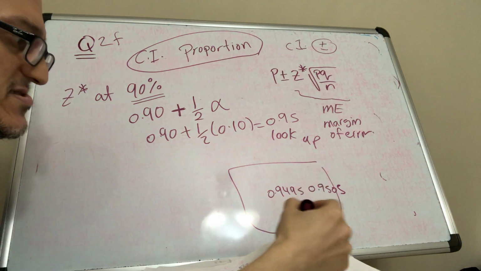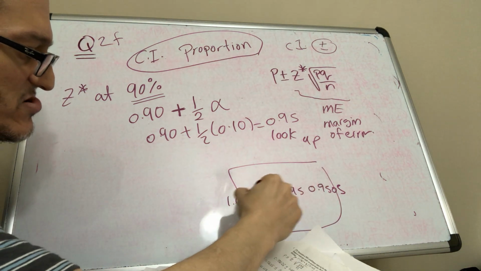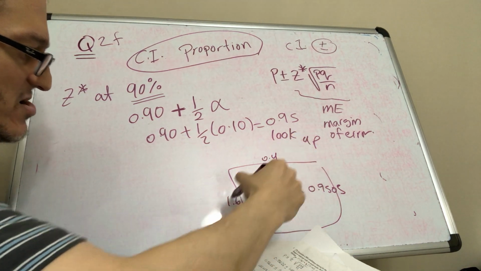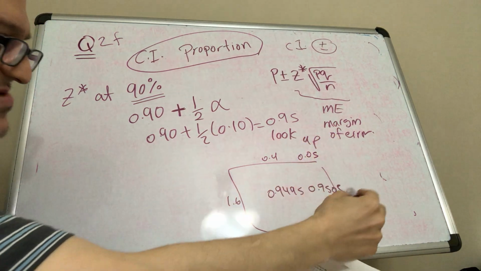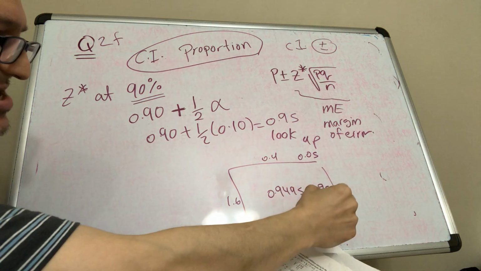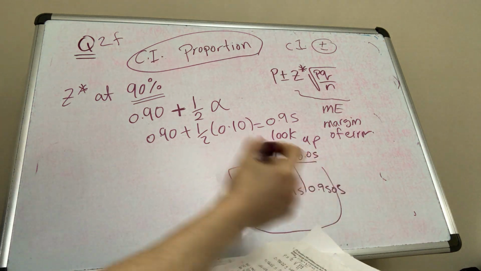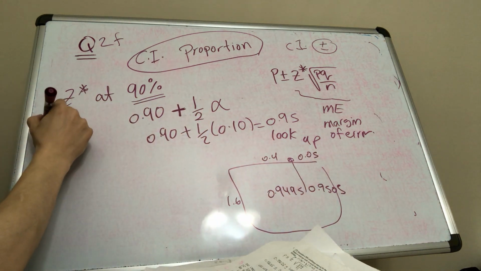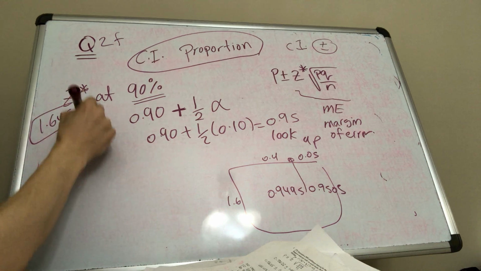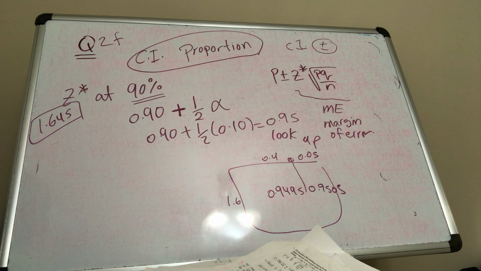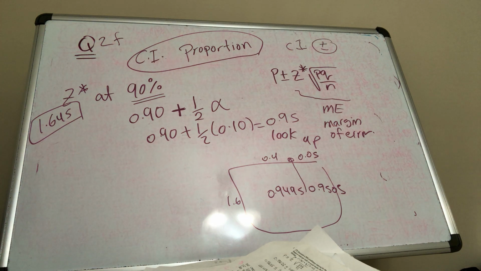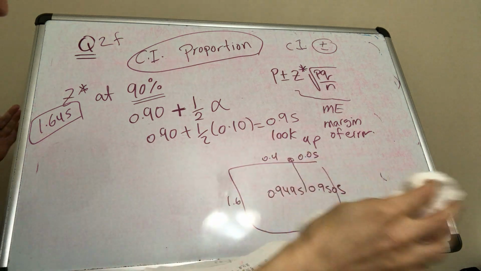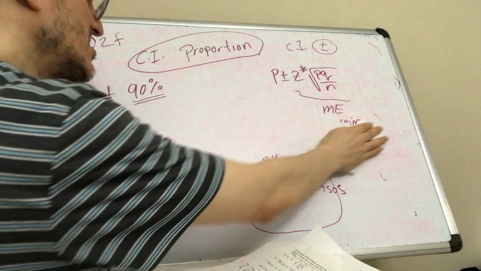This one corresponds to 1.64 and this one corresponds to 1.65. Your 95 is in the middle between them. So eventually it's 1.645. Or again, you can just put it in Google and that will tell you exactly what it is. Okay, so we found what Z star is.